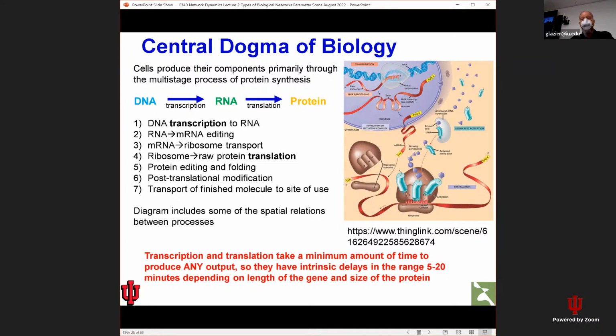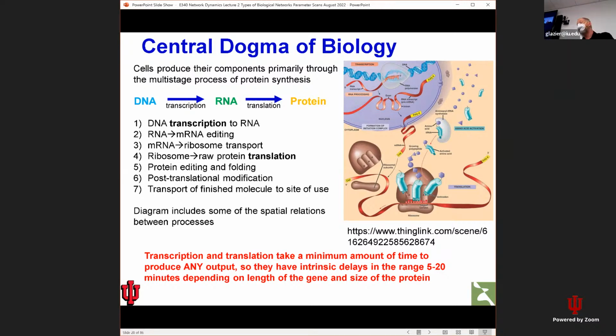And so the cell cannot turn a gene on or off on a time scale of less than about 10 minutes, 20 minutes. And so fundamentally, that's why gene regulatory networks change the nature of the networks that are active, but they can't be used to do rapid response.